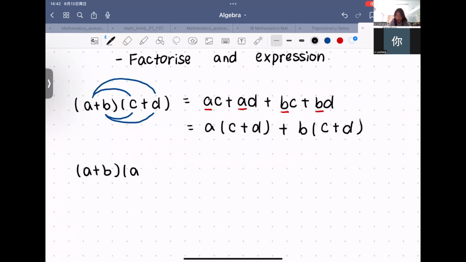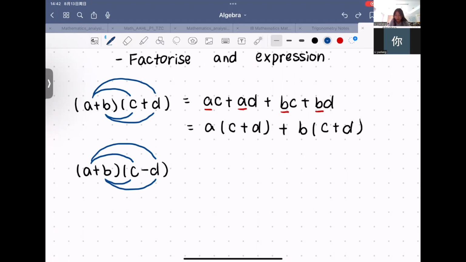And then if we have minus, then what we have is (a plus b) times (c minus d). If we have this kind of multiplication, then we still multiply everything together, but the thing that's very different here is the minus d.